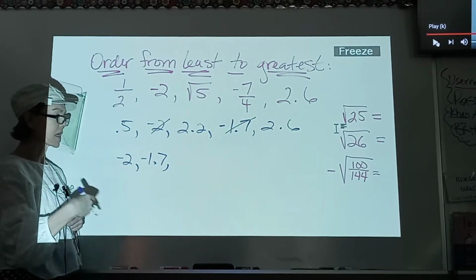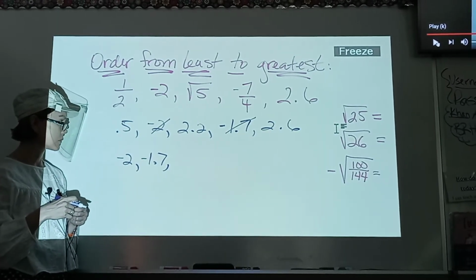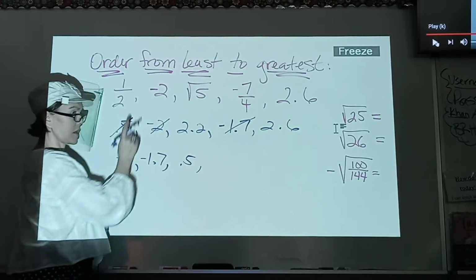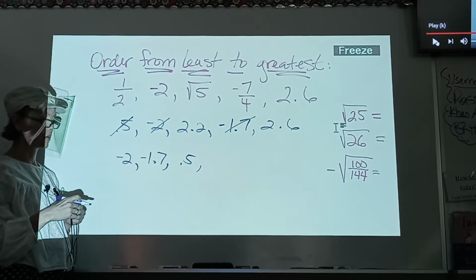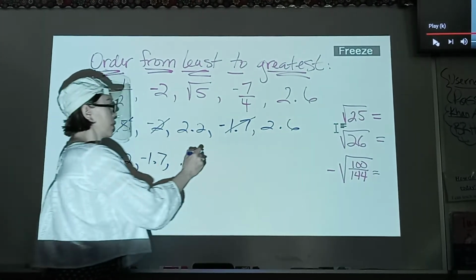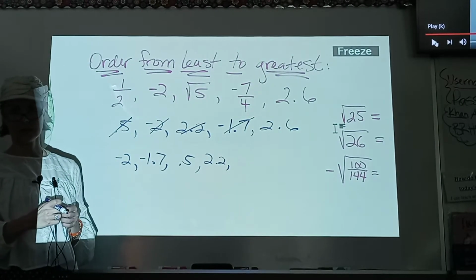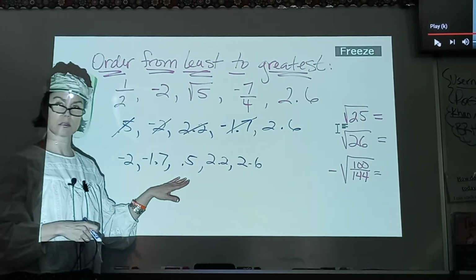What is the next largest, Giovanna? 0.5, very good. And the next largest, Pedro? 2.2. And then finally, the last largest, Savannah? 2.6. And here's your answer.